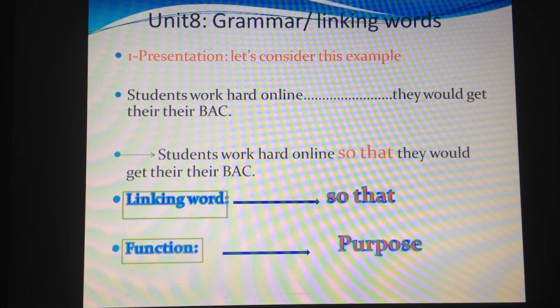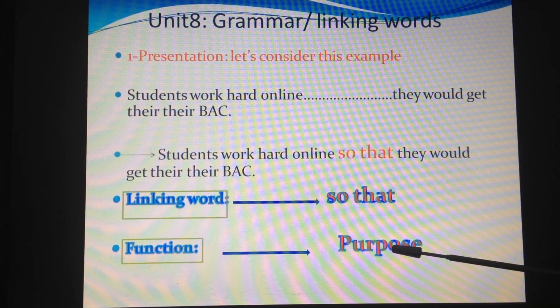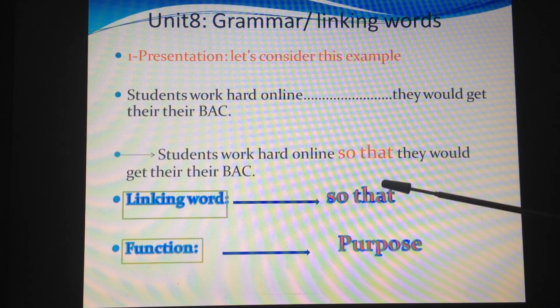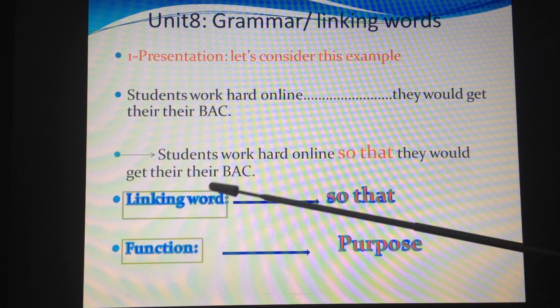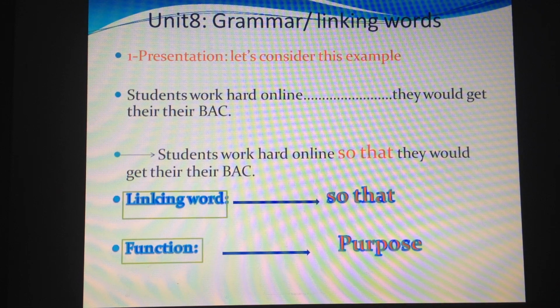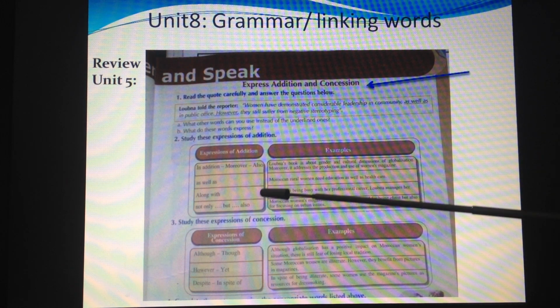The function, the meaning of the sentence is purpose. This connector expresses purpose. So to find out the correct connector, you need to find the function or the meaning of the sentence.